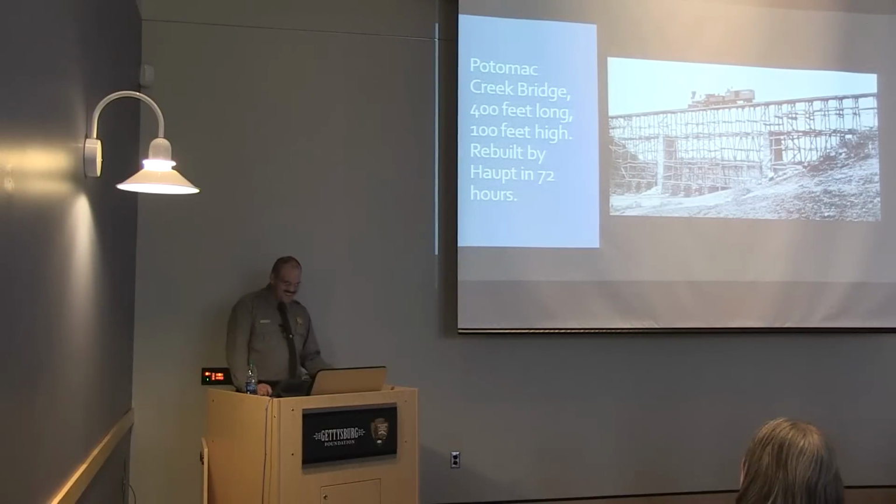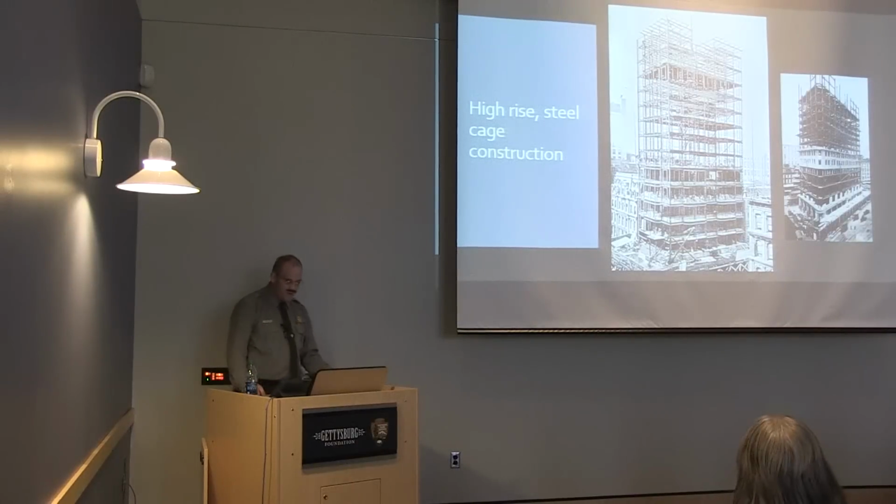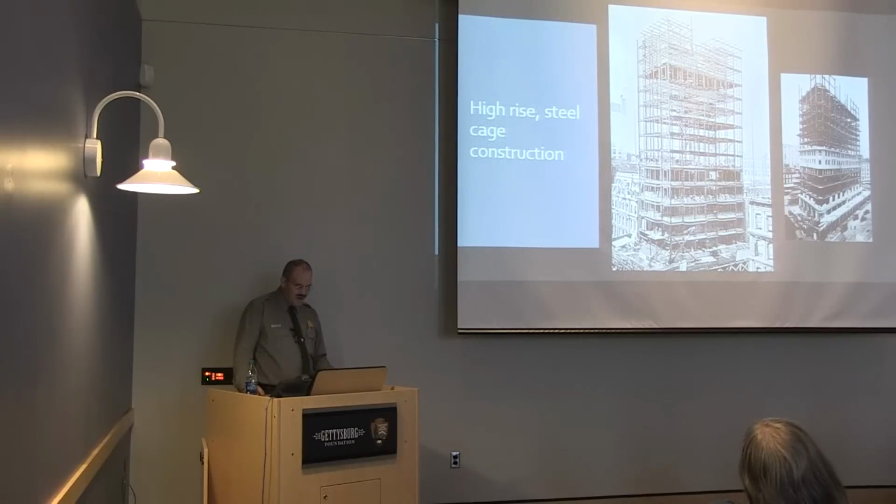And it's amazing. He learned the old Etruscan Roman idea that if you crisscross the wood, you create trusses, and then therefore you create more support. And that would inspire high-rise steel cage construction. We have to answer the why and the so whats to all of this.